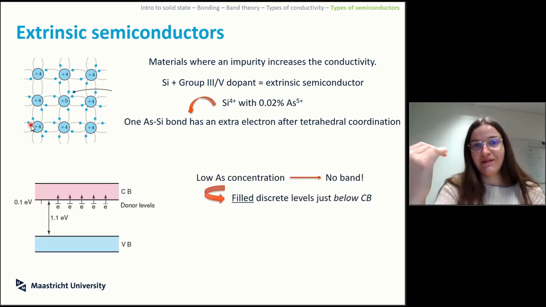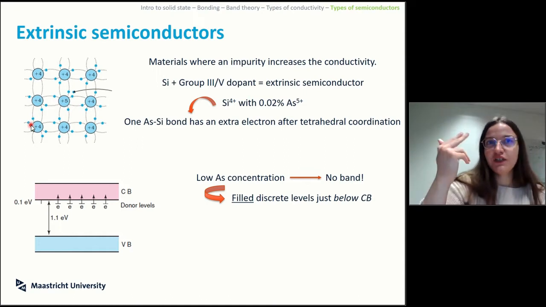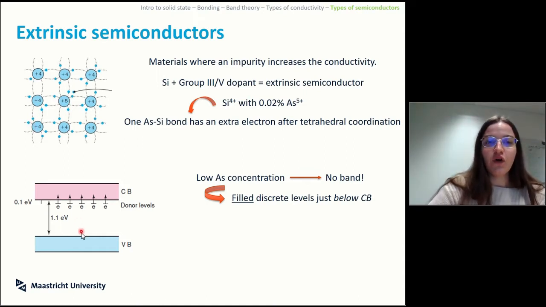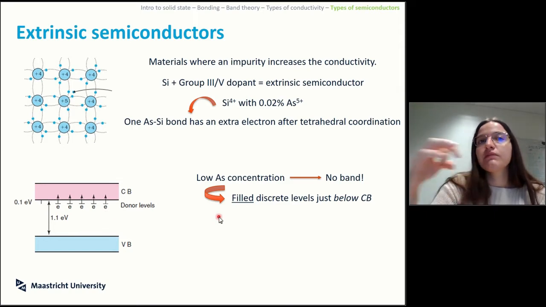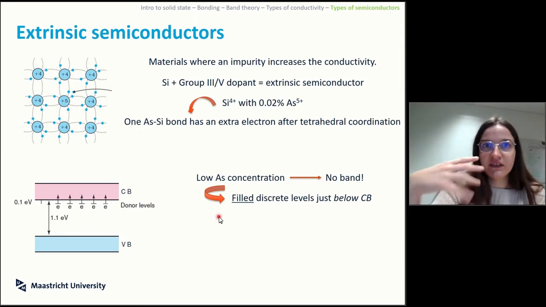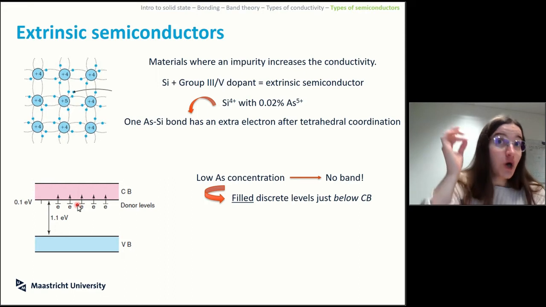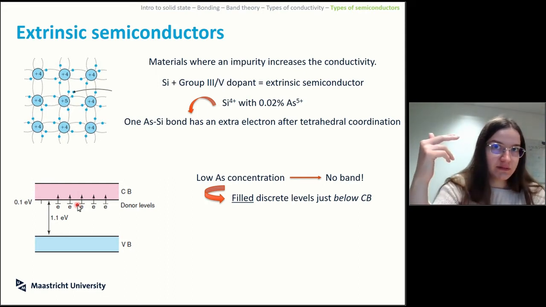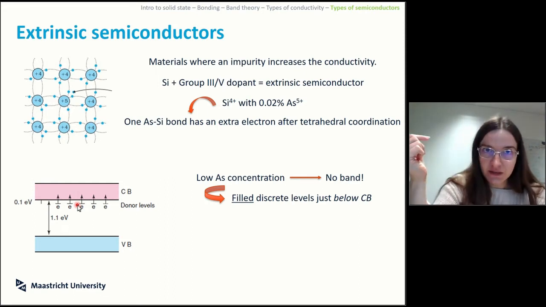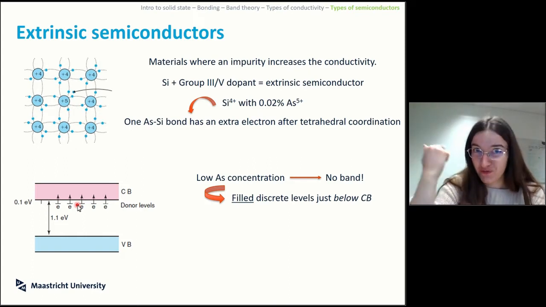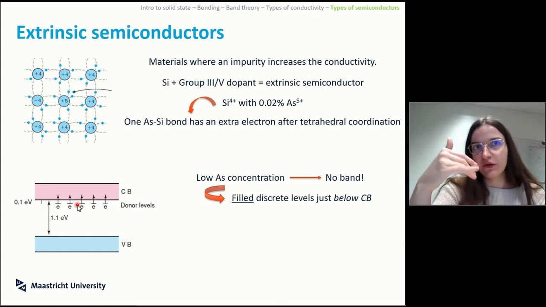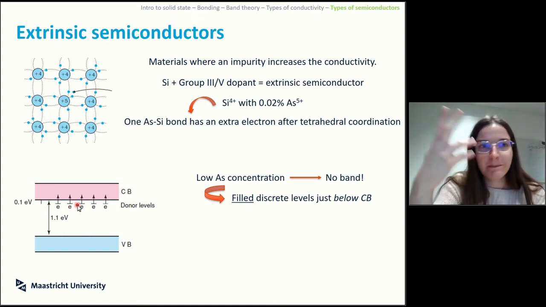But this time, your dopant is a group 5, so the energy is completely different for these donor levels, which are localized, because there is not enough arsenic to make a whole band, but the orbitals concerned with this whole business are just below the conduction band of the silicon. These are filled because arsenic in group 5 has more electrons than the silicon would have being group 4.